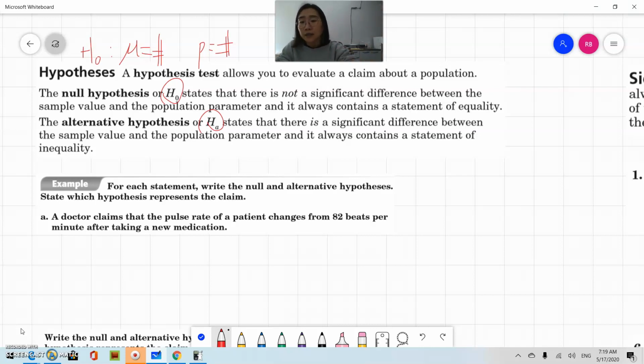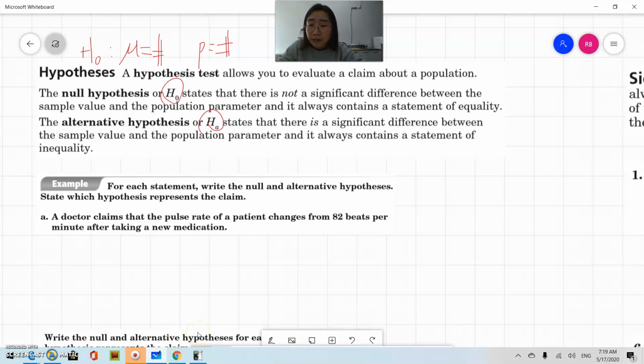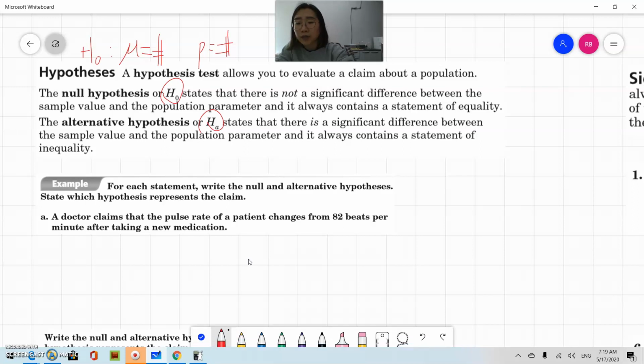Let's read A. It says, a doctor claims that the pulse rate of a patient changes from 82 beats per minute after taking a new medication. It sounds like what they're claiming is about mu, so we need to define what mu is first. Mu is the true mean, or the population mean, of the pulse rate of a patient.